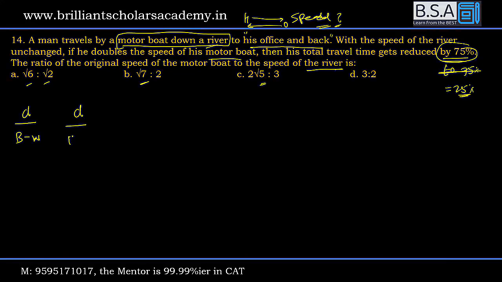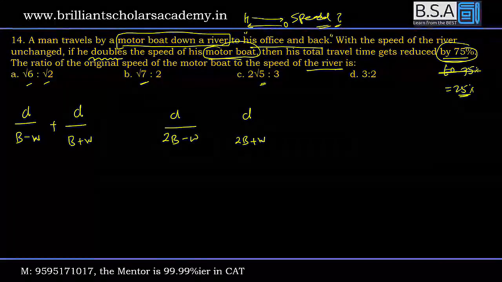In the other case, the boat is being supported by water. This is the time taken, normally speaking. Next day, the distance does not change. He doubles the speed of the motorboat. That is 2b and 2b. In one direction, water will oppose. In the other direction, the water will support.